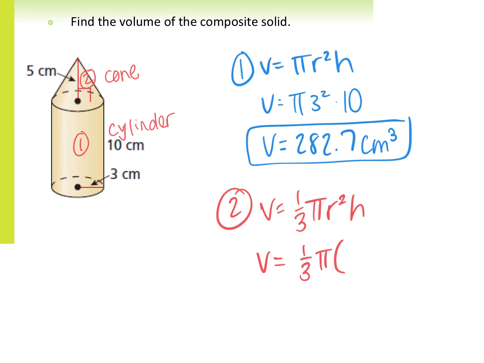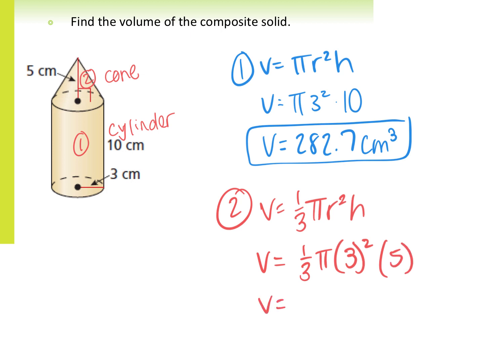What's the radius of the base of the cone? It's still 3. Remember, the base of the cylinder matches with the base of the cone, so that radius is not going to change. But are the heights the same? No, the cone is less tall. Do you guys agree? By how much? What's the height of the cone? The height of the cone is 5.